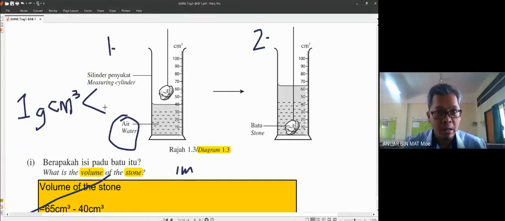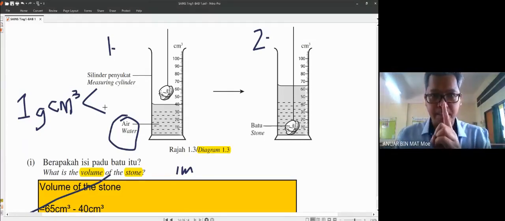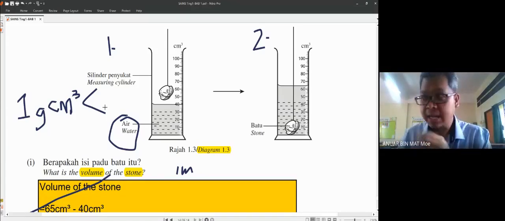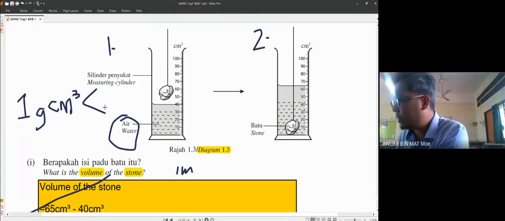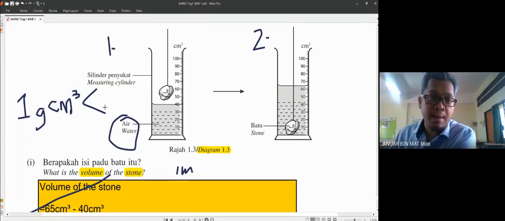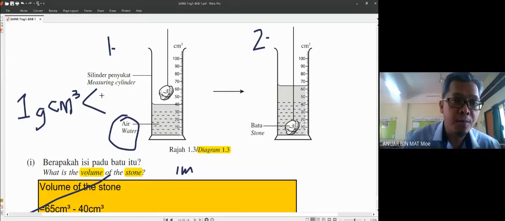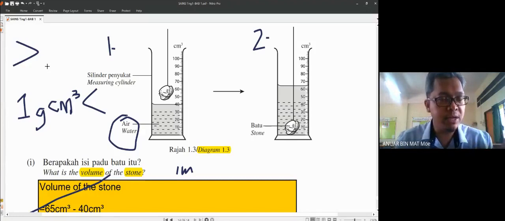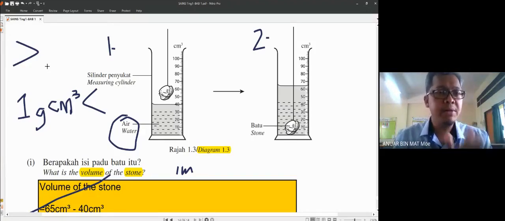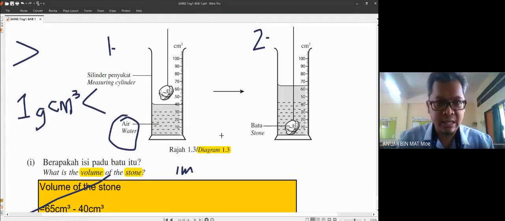Yes, it will float. If the density is less than 1 gram per centimeter cubic, the object will float. But if the density is more than 1 gram per centimeter cubic, the object will sink.